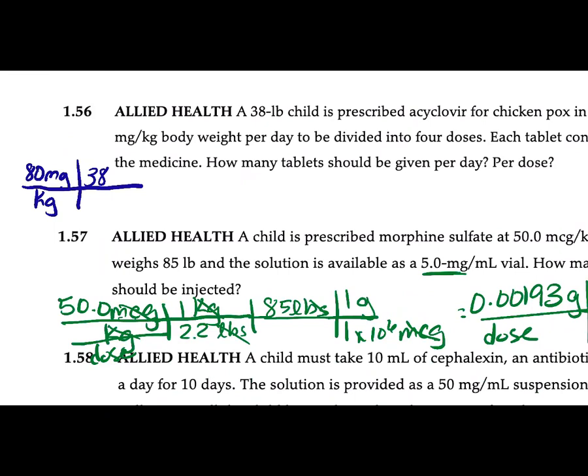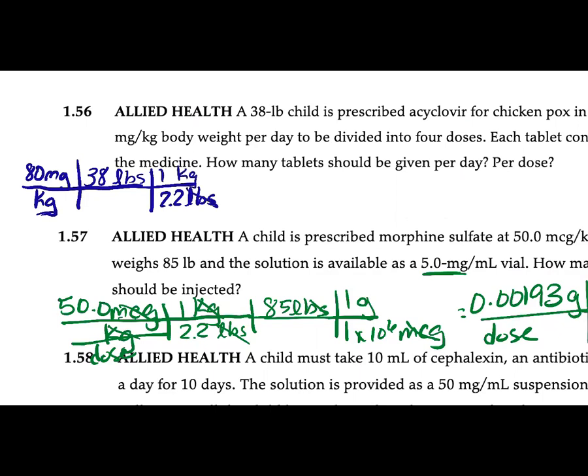Oh my goodness, I can't do that, right? Because my units don't cancel. So what I have to do is convert from pounds to kilograms. I'm going to extend this out, and I want to get rid of the pounds. 2.2 pounds are in 1 kilogram.